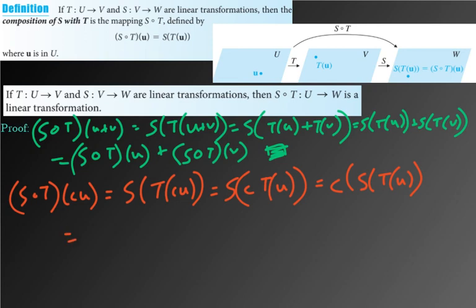And then by definition, this thing right here is S composed with T, right? So the scalar has been pulled out of the composition of S and T. So that would do that one. And you could see how if you had arbitrarily many of those, you could just extend it really naturally to any amount of compositions and whatnot.